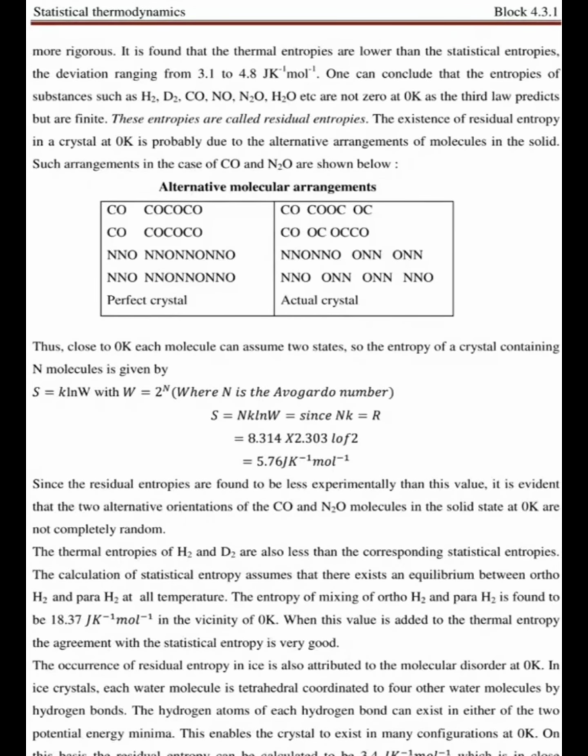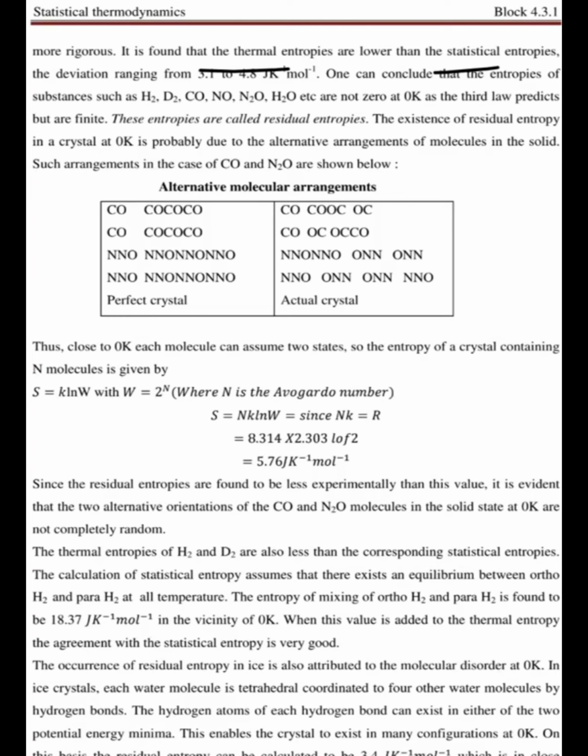So here it is found that thermal entropies are lower than statistical entropies. What is the difference between the thermal entropy and statistical entropy? Means the entropy derived from the third law of thermodynamics, and the entropy which is derived from the Boltzmann-Planck equation, that is known as statistical entropies.